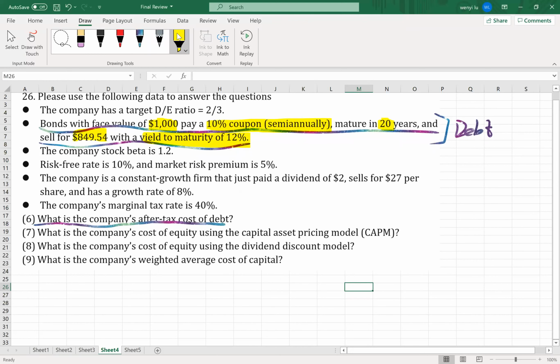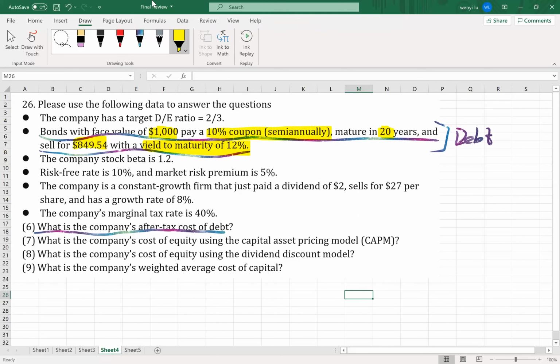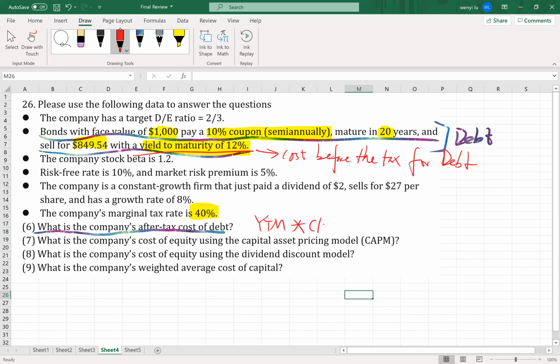Okay, now let's solve the cost of debt after tax. And you know our yield to maturity is the cost before the tax, right? For debt, right? So after-tax cost will be simply what? Yield to maturity times 1 minus what?